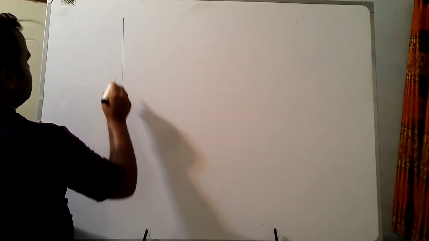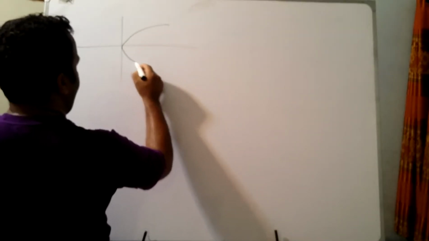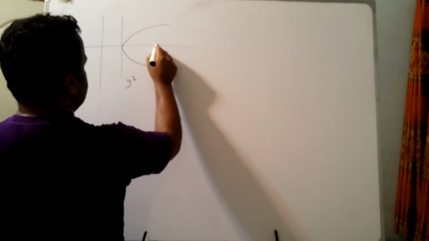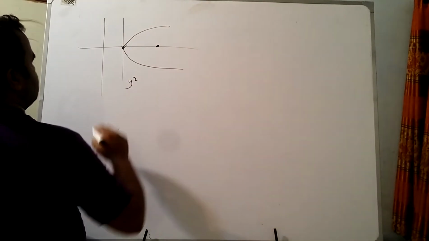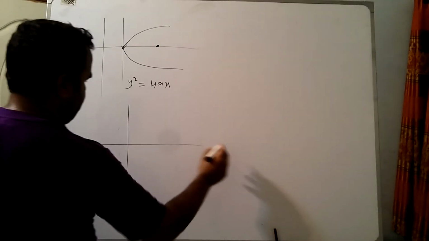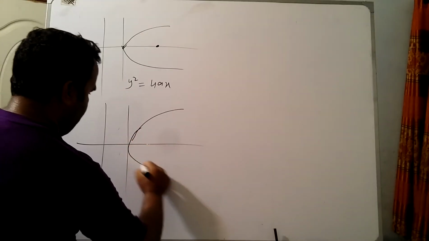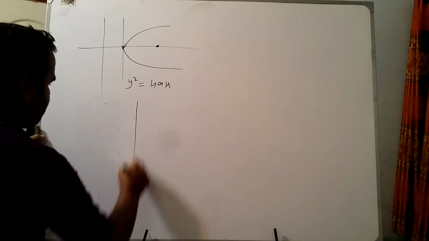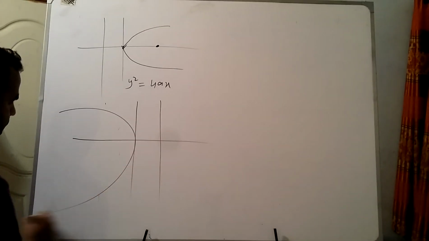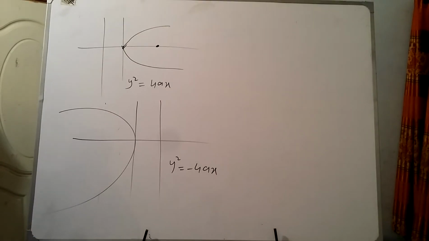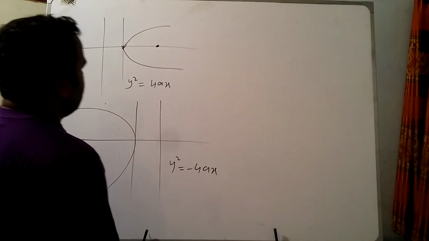This is the parabola y squared equals 4ax, with directrix, focus and vertex. This one is y squared equals minus 4ax, on the negative x-axis.